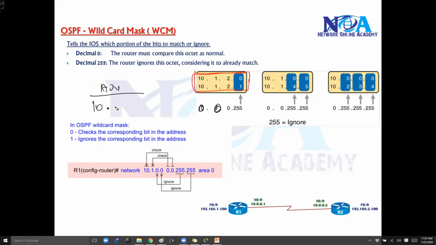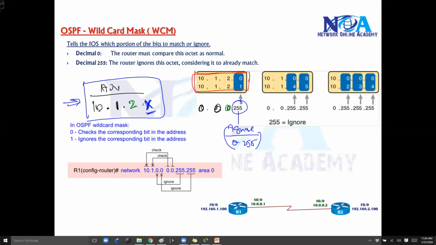Second 0 means it must start with 1 exact, and this also 0 means it must start with 2, and 255 means ignore. Ignore means it can be anything from 0 to 255. So whatever the address, X means any number it can be. So this first statement says advertise each and every network which has 10 in the first portion, second portion 1, third portion 2.